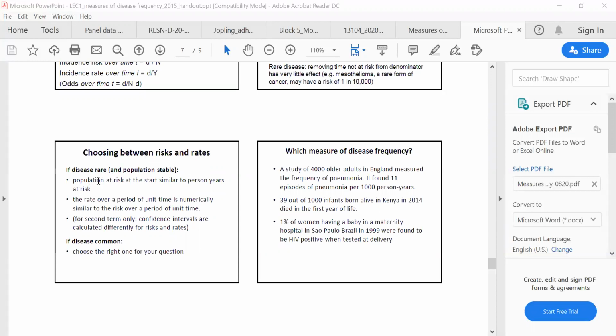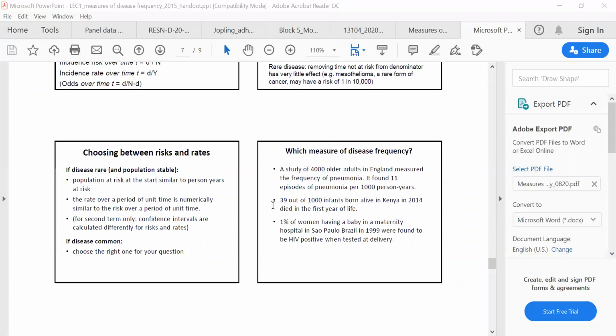But if the population is not stable, remember, rates take into account the fact that the population will be changing with time. But if the population is not changing and the disease is rare, the risk and the rate tend to equate each other.